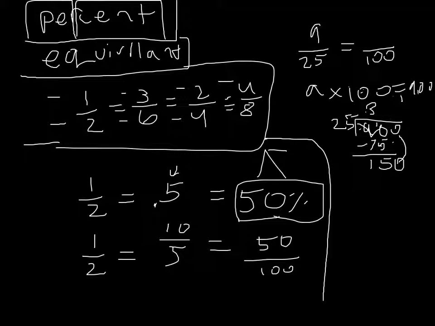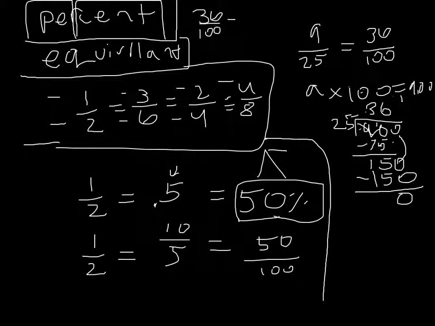It goes in 6 times, minus 150 equals 0. So you got 36 out of 100, and 36 out of 100 equals 36%.